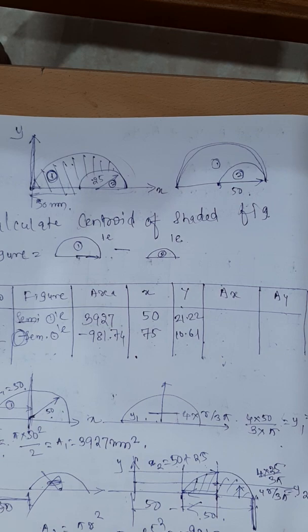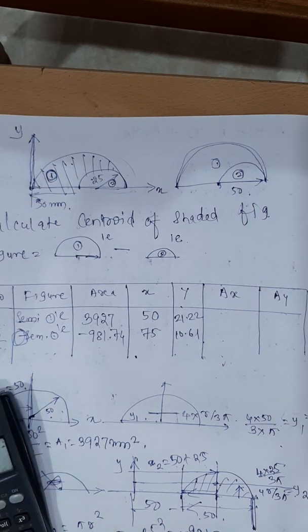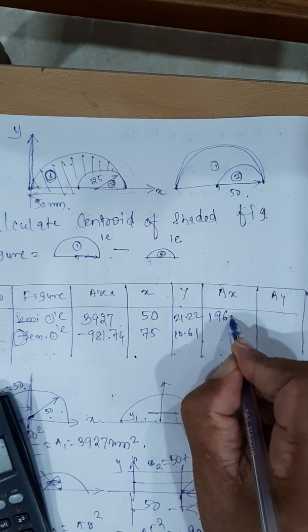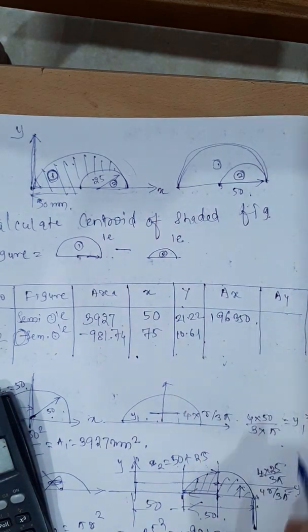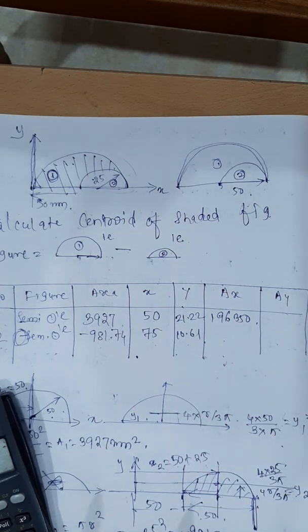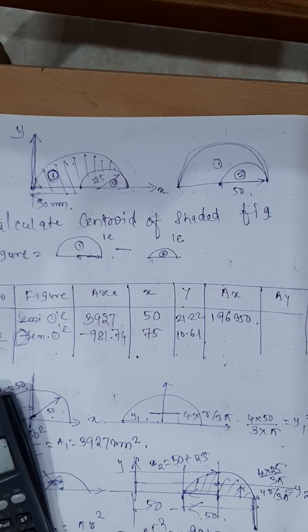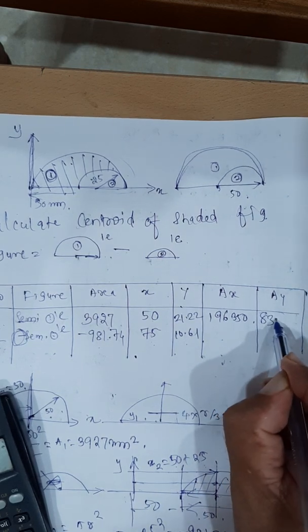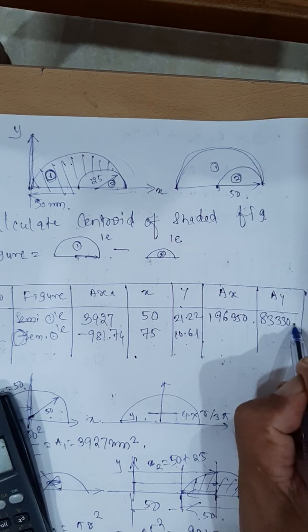A1 x1: 3927 into 50 is equal to 196350. A1 y1: 3927 into 21.22 is equal to 83330.